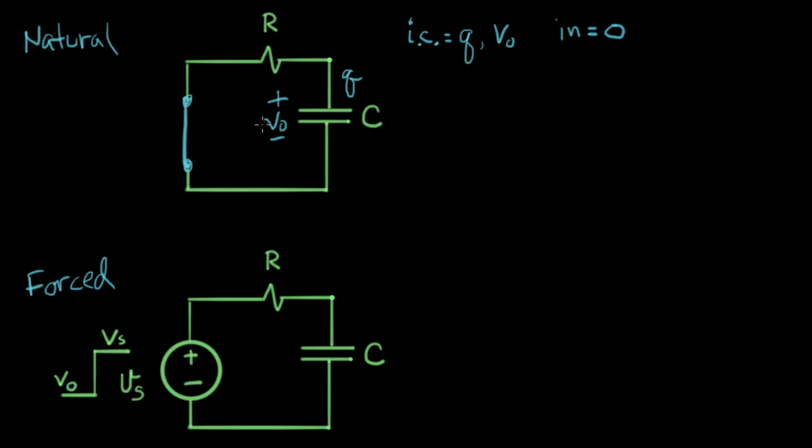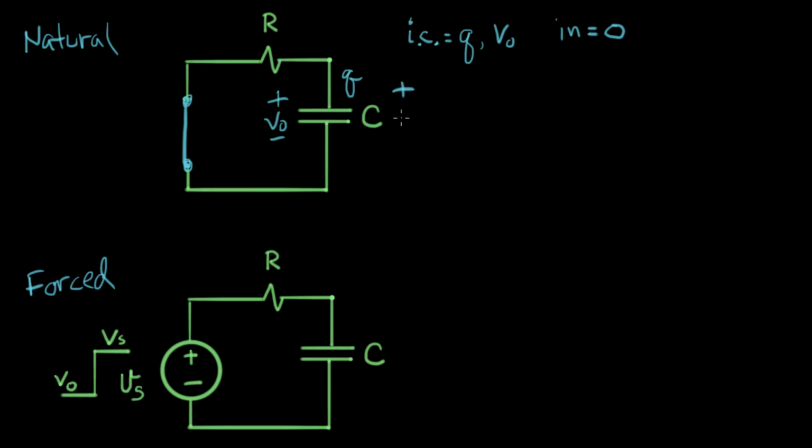So this circuit now is identical to the circuit that we used for the natural response. So if you haven't seen that video on how to solve for the natural response, this would be a good time to go look at that. What I'm going to do now is just write down the answer from that.